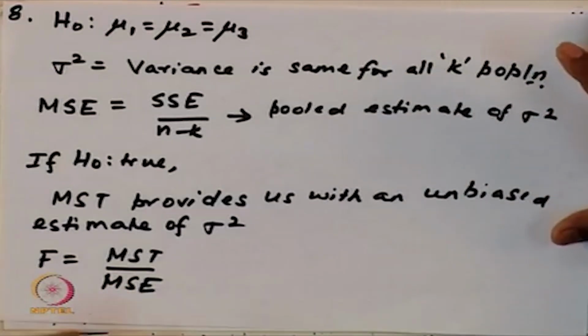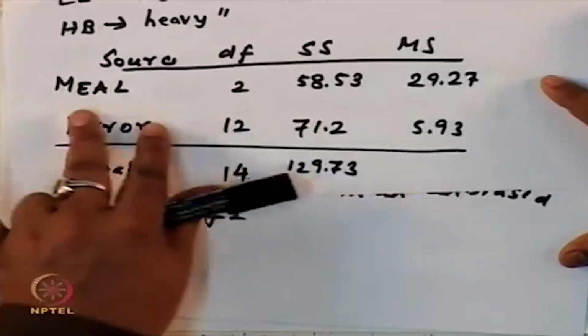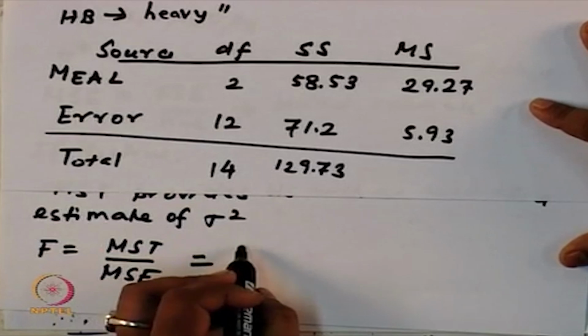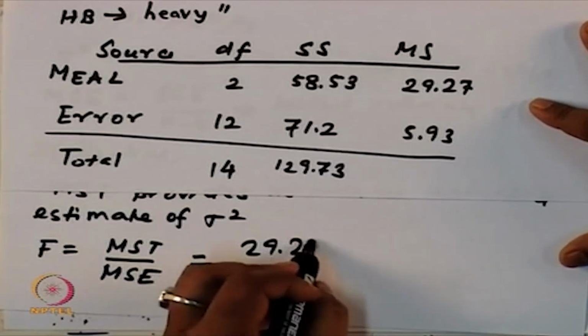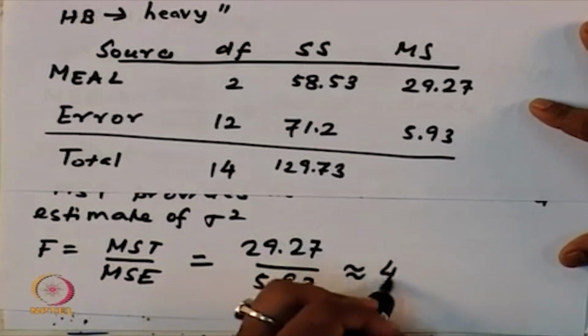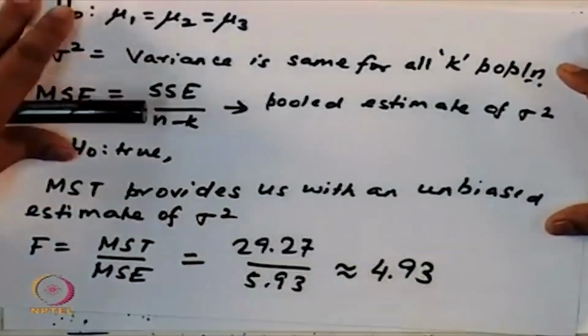In our case, for this example that we did, we can calculate the F value, which is 29.27 by 5.93, and it comes out to be 4.93. So, F turns out to be 4.93.